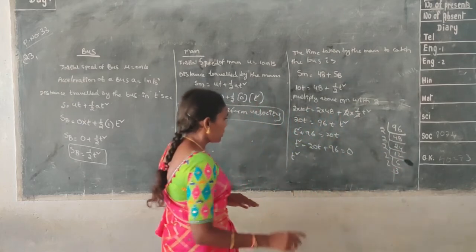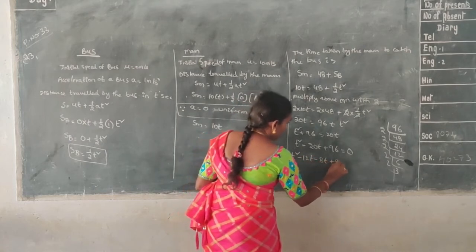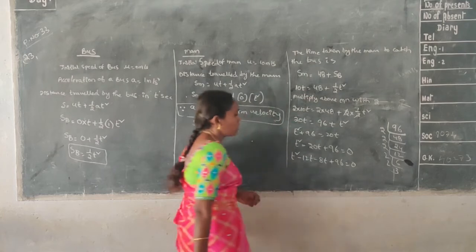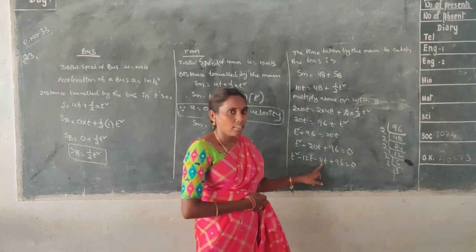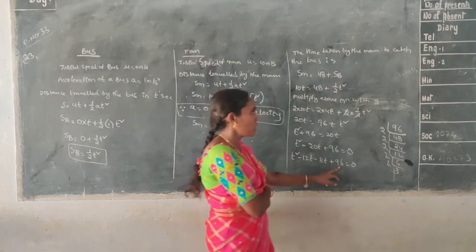Here 12t minus 8t plus 96 is equal to 0. Minus 12t minus 8t is equal to minus 20t, and 12 8s are 96.